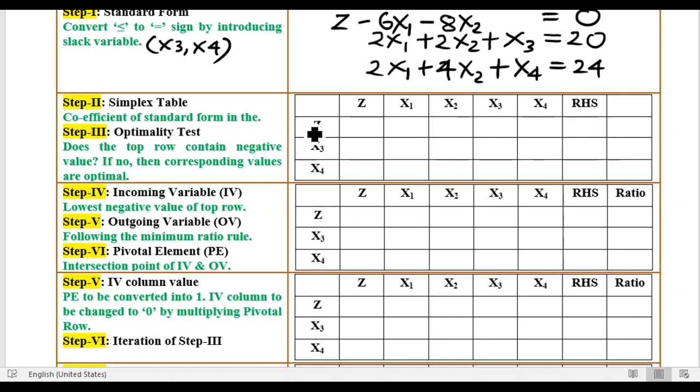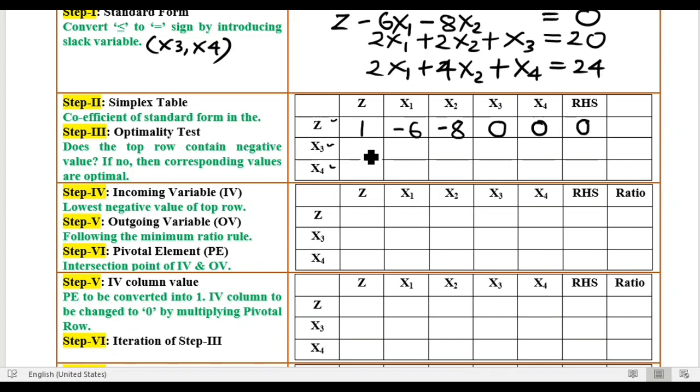In this row we have the objective function, that is z, and then the slack variables x3 and x4 I'm taking over here. The coefficient of z is 1, x1 is minus 6, x2 is minus 8, x3 is 0 since there is no x3 here, x4 is 0, and RHS is also 0.